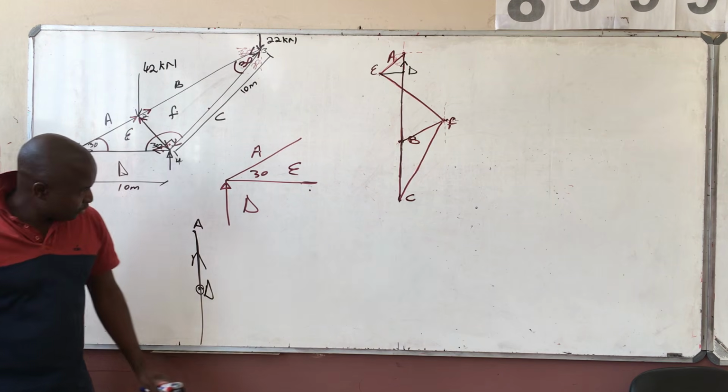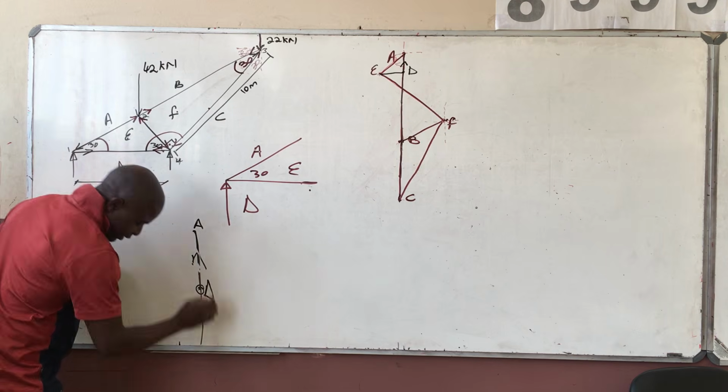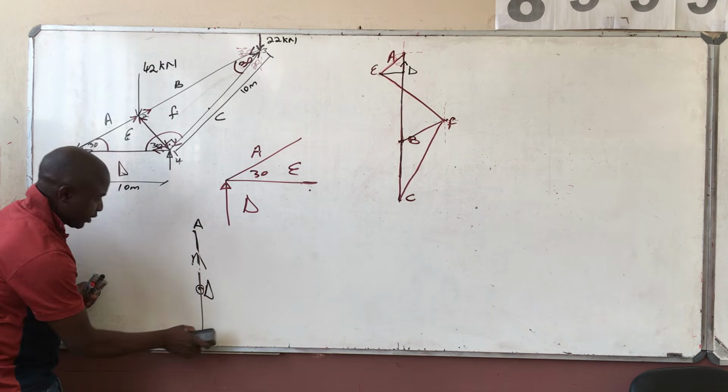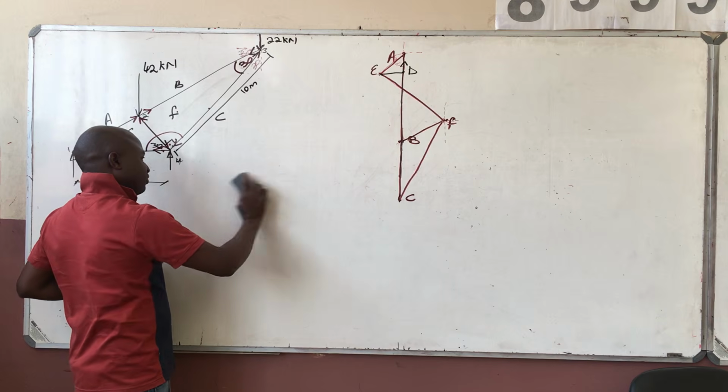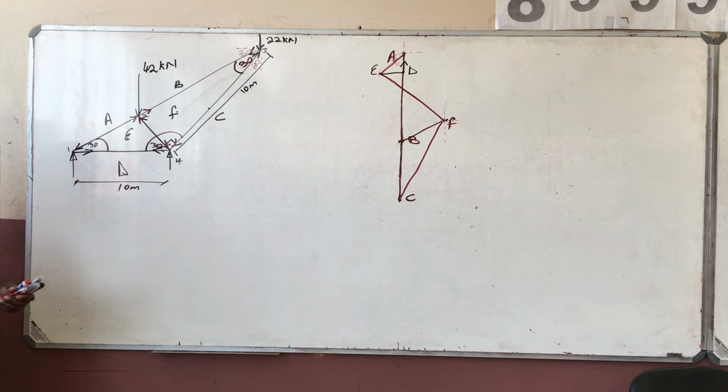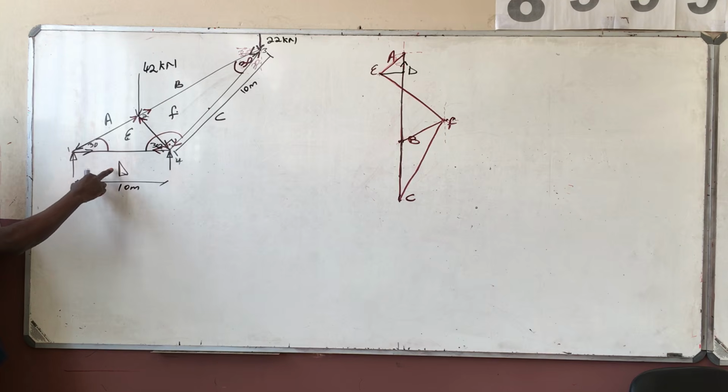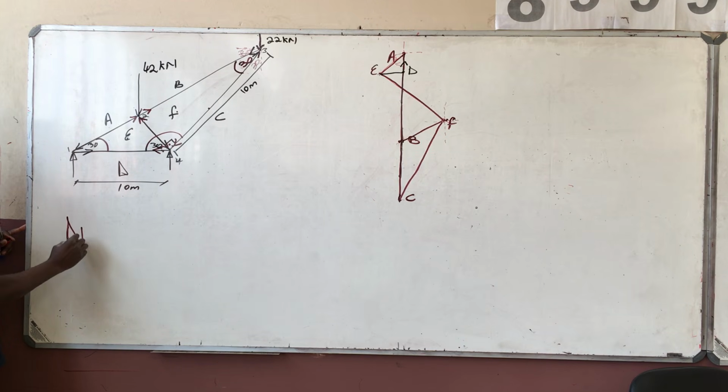So now, we want to find the members. Let us see. The reaction on the left is DA, right? Yes. So meaning you need to measure DA or AD. This time it does not matter which one we start with, because we're no longer drawing.